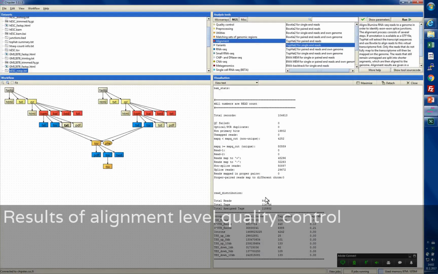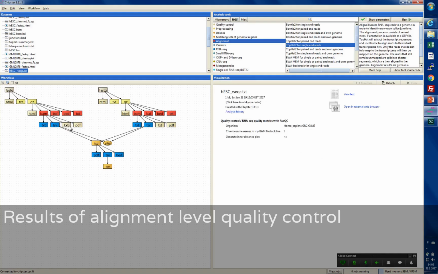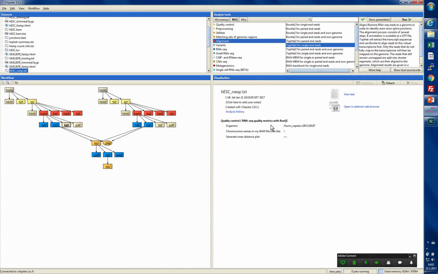So about the alignment level quality control, I was asking you to check the read density, whether it's higher in the exon area or in the intron area, and for that purpose you would need to open this file here. It's from the RCQC tool, and it's the text file.